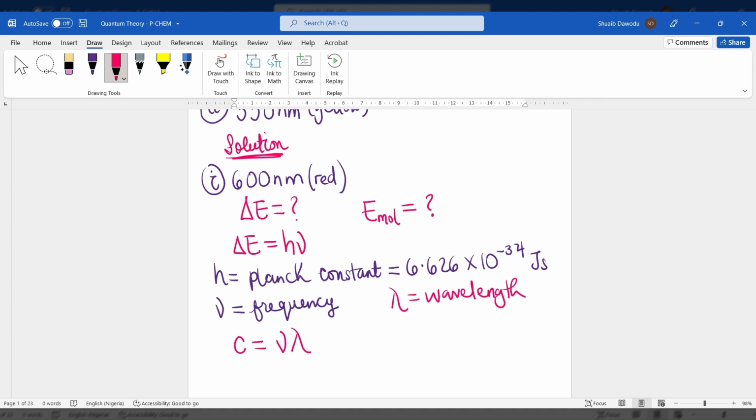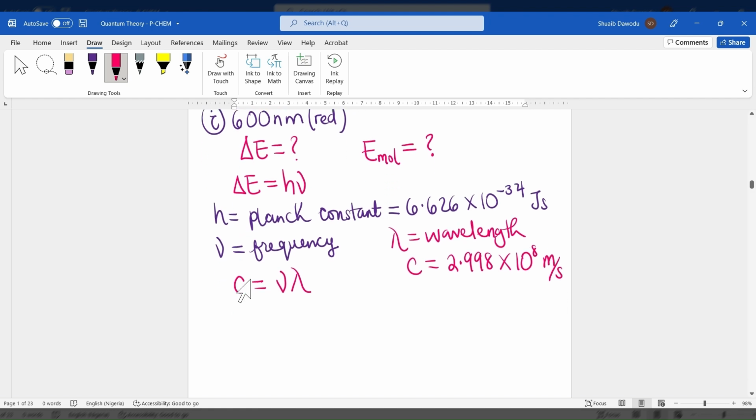What connects them is this c, the speed of light, which is 2.998 or 3.0 times 10 to the power of 8 meters per second. I'm going to use 2.998 because I want to use as much of the raw value and not approximate as possible.